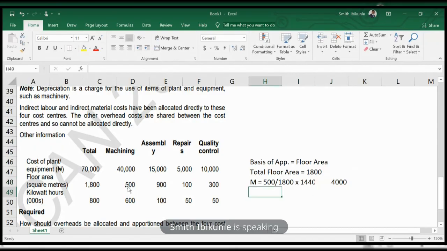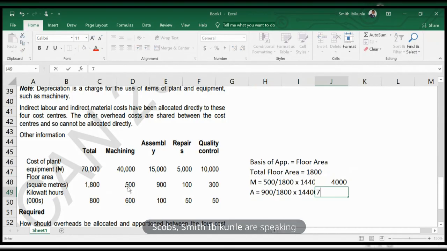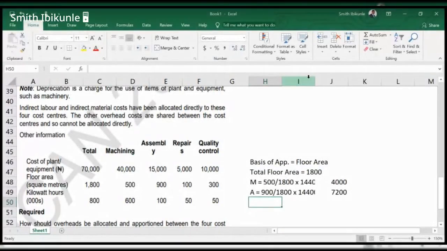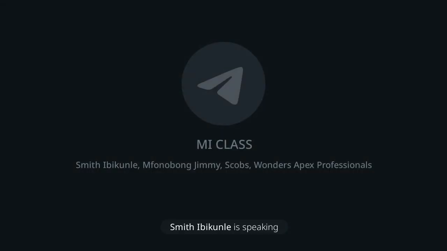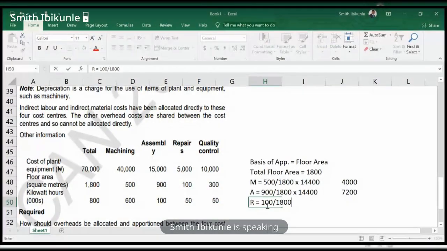Then the next one is assembly. Assembly is using 900 divided by 1,800 multiplied by 14,400. That's 7,200. Then the next one is repair. Repair is 100 divided by 1,800 multiplied by 14,400.